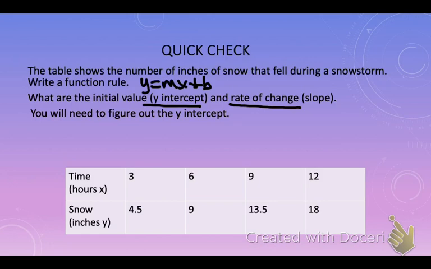So you're going to need to work your way backwards to see when x equals 0, what is y. You should see a text box on the right. I want you to write something as y equals, you should have some sort of slope, x plus your y-intercept. So that's how your answer should look.